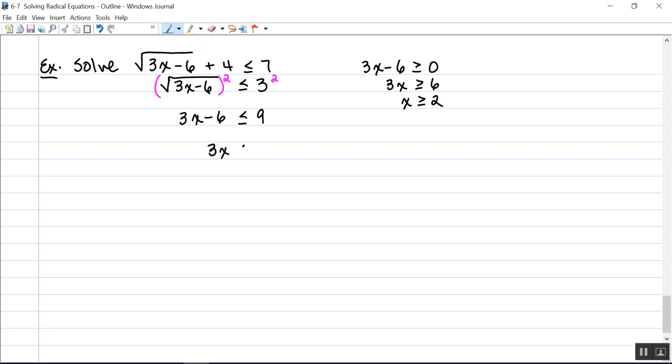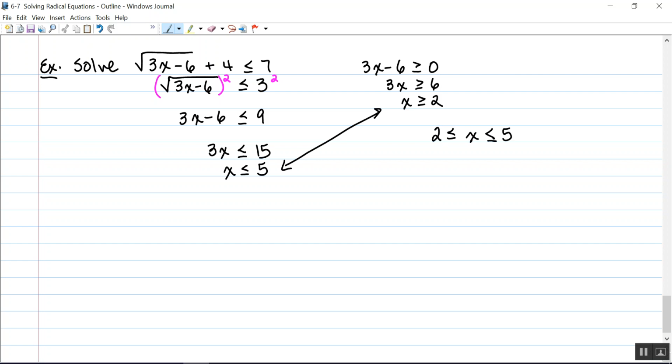Adding 6 to both sides, and then dividing by 3, x is less than or equal to 5. So I have these two things here I need to contend with. x has to be less than or equal to 5 and greater than or equal to 2. So it looks like my answer is going to be 2 is less than or equal to x, which is less than or equal to 5.